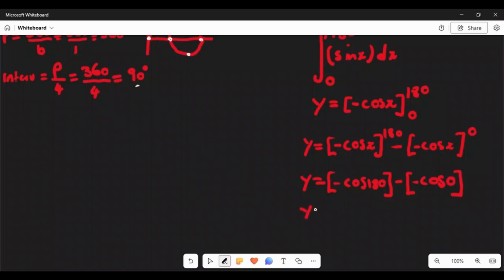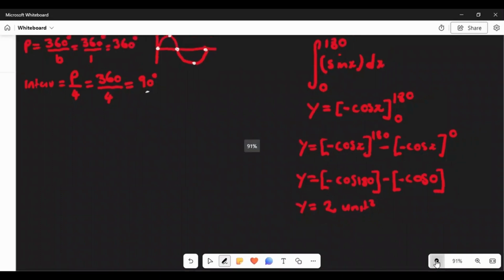Then from your calculator, this must give you 2 units squared. Remember, we're actually calculating the area, so you can equate it to y or a, but at the end of the day we are calculating the area. Guys, this is how you calculate the area of the given problem here on question 5.1. I hope you managed to understand, guys.